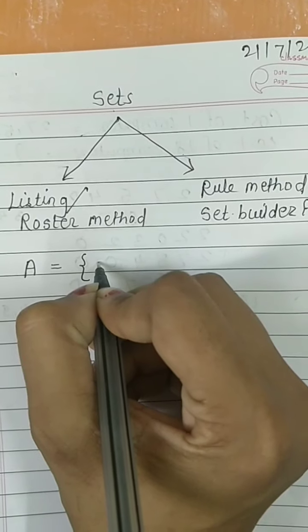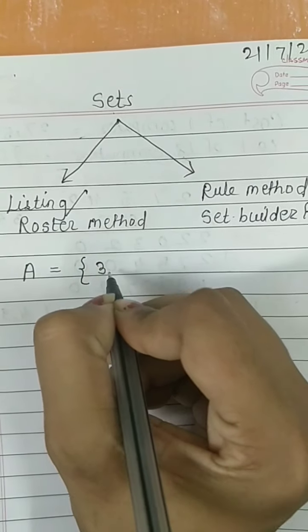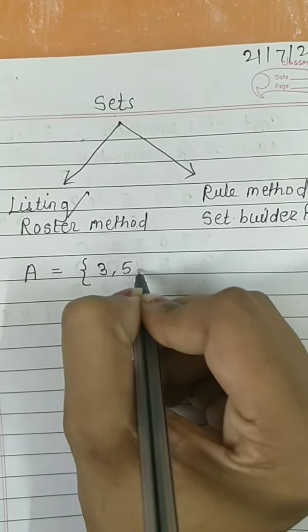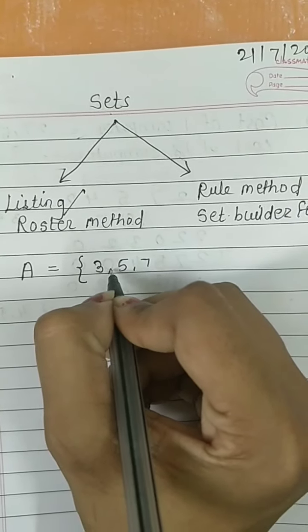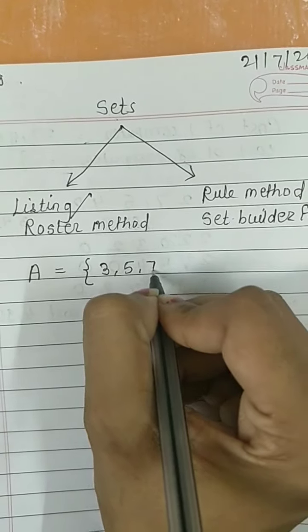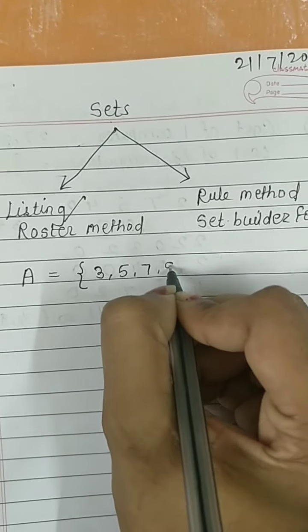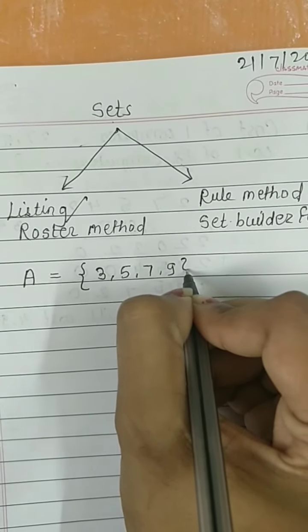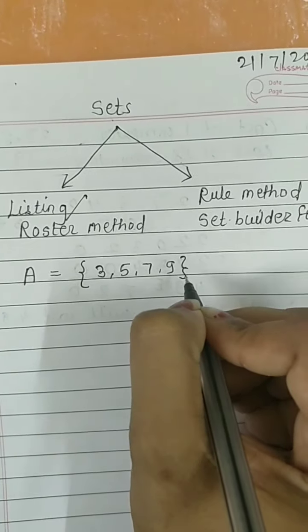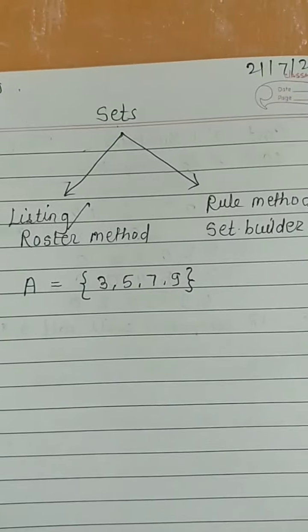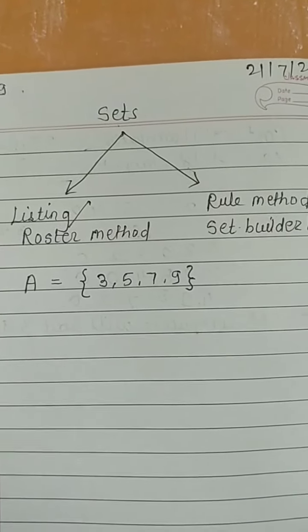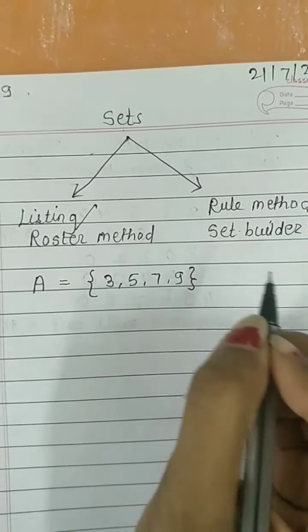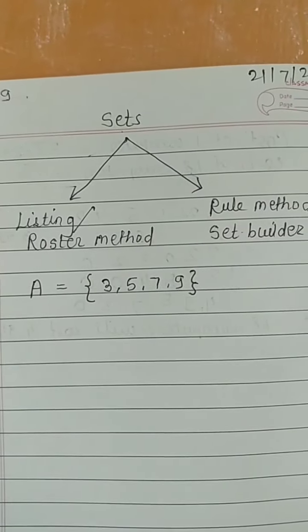What we have next is 3, 5, 7, and every element is separated with a comma, and 9. Once you finish writing all the elements you complete the curly bracket. So this is the listing method, in which we list down all the elements of that set.